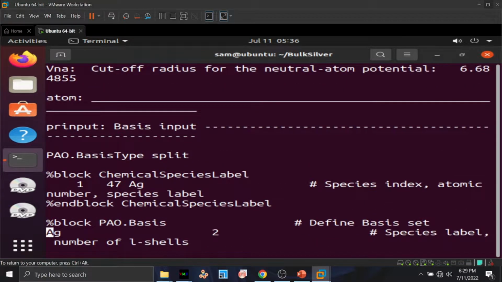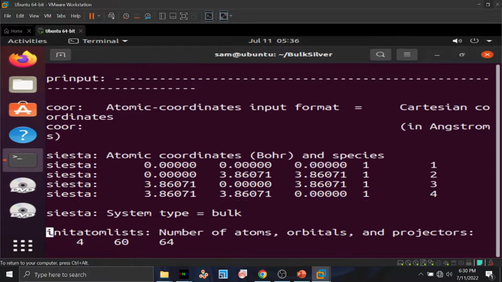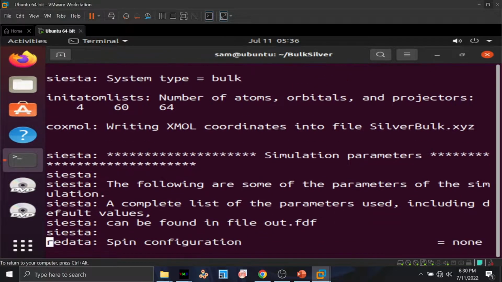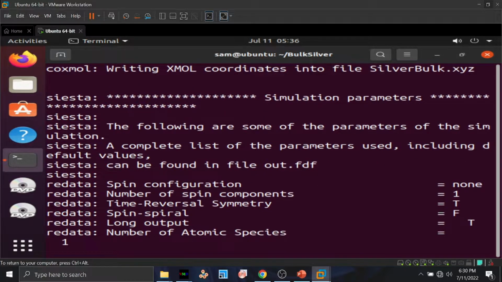Let me show you. So here you can see it is the summarized form of the simulation parameters which we mentioned in the input file. The following are some of the parameters of the simulation.